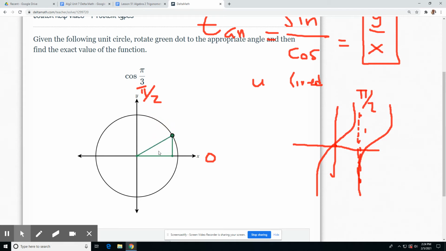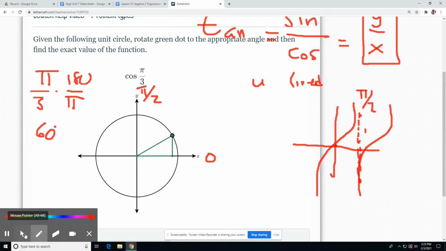Yeah, that's 30 degrees right there. Wait, pi over 3. What's pi over 3? Times 180 over pi. So, oh, that's the 60 degrees. Yes, that's what I was thinking. So I was almost off. There's 45. There's the 60. So this is 60 degrees right here.